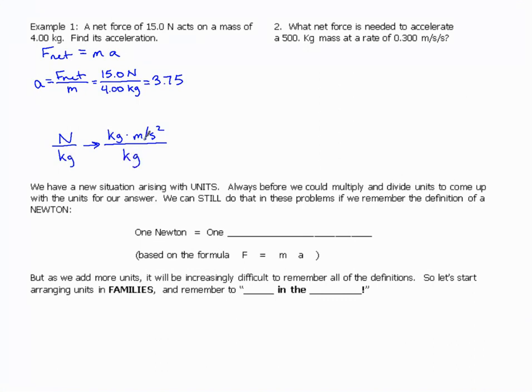So this is the same as saying 1 newton per kilogram. So what we will want to do is kilograms will cancel, and that leaves us with meters per second squared, which is the physics units for acceleration.